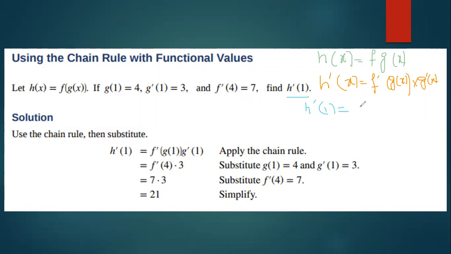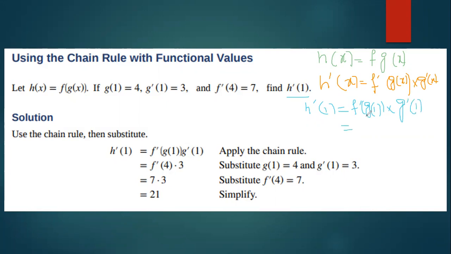H derivative of 1 equal f derivative of g of 1 multiply by g derivative, so it will be g derivative of 1.